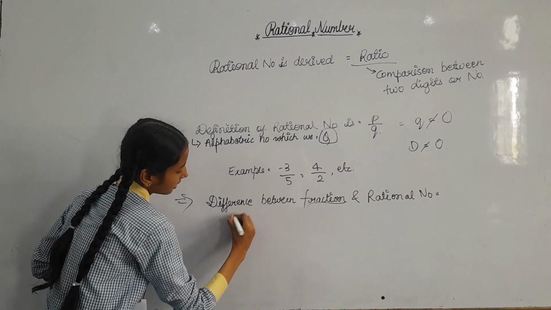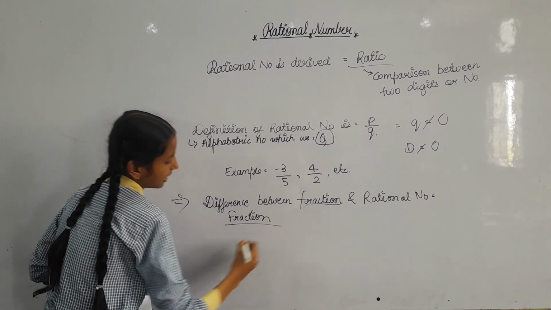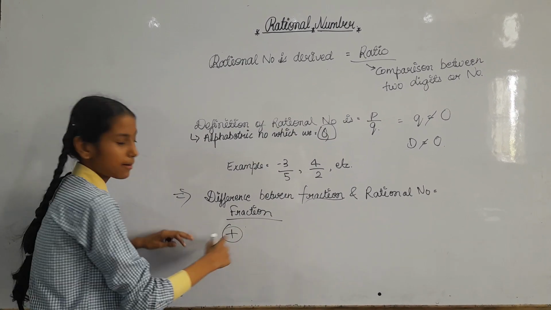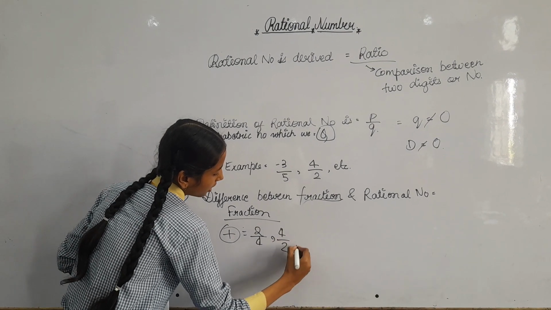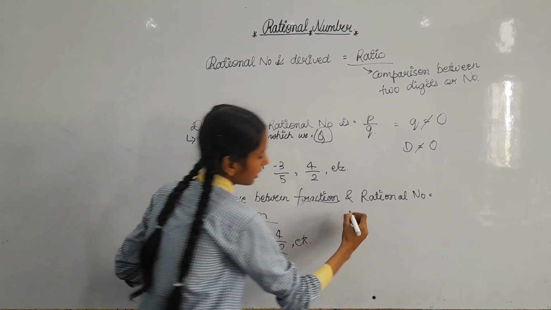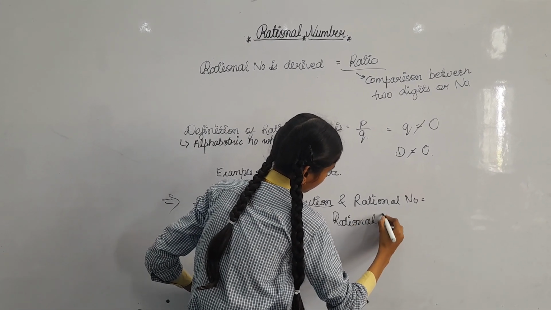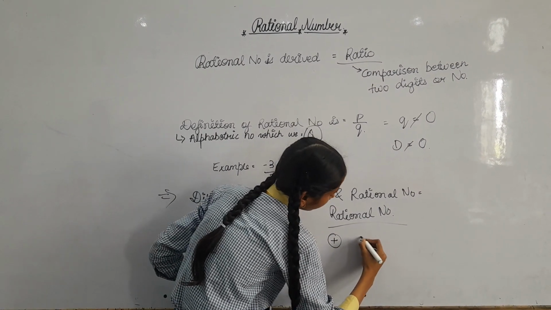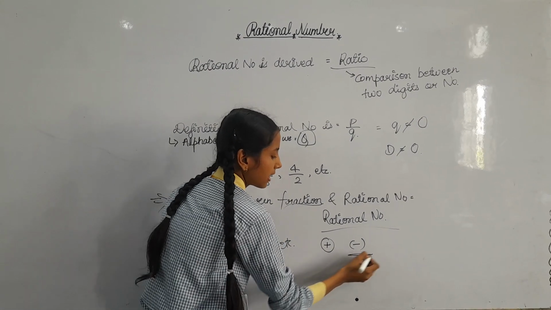We find that the fraction is always in the form of positive numbers, just like example 2/4, 4/2 and etc. But in rational number we find positive numbers and negative numbers, but in the fraction we could not find the negative numbers.